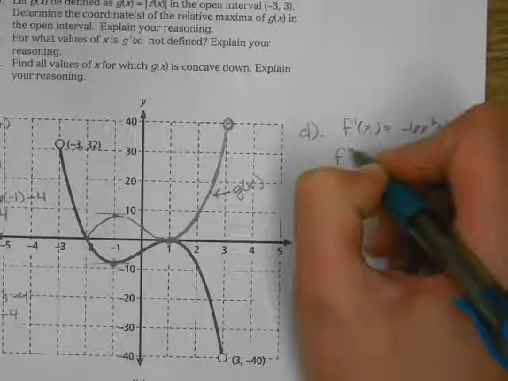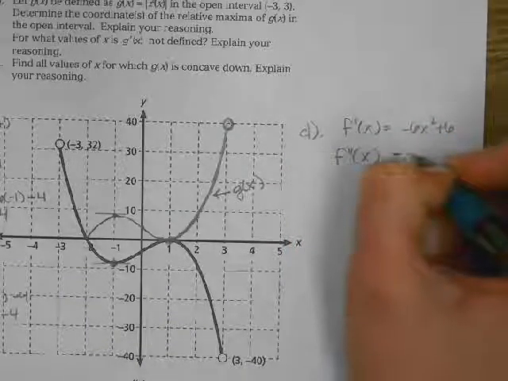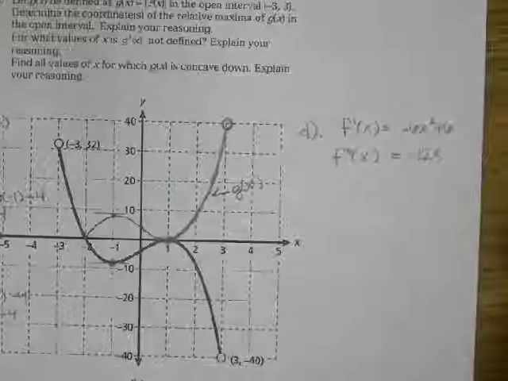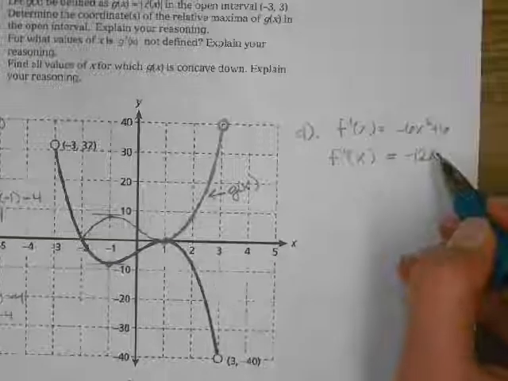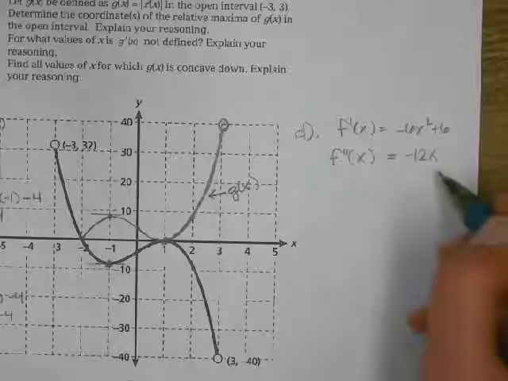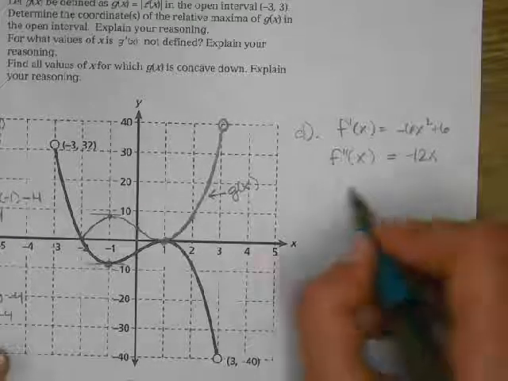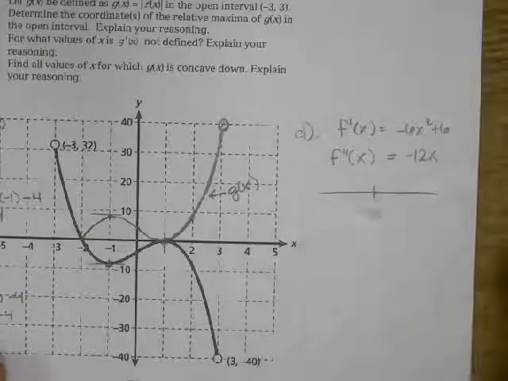I said that my second derivative was -12x, and so I knew that there was a point of inflection at 0, right? -12x equals 0, that's my point of inflection, 0.